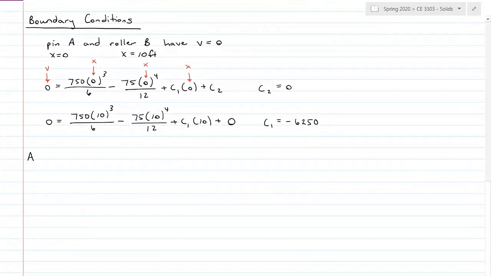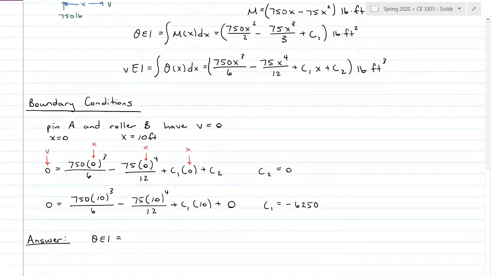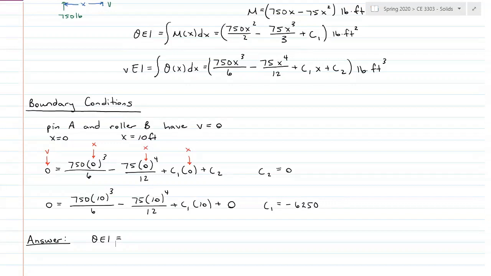So my answer, slope EI is equal to 750 divided by 2. Oh, I didn't write this out.